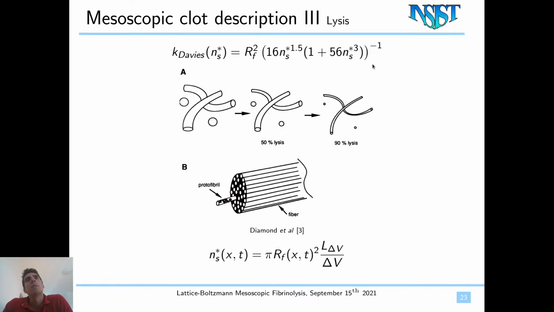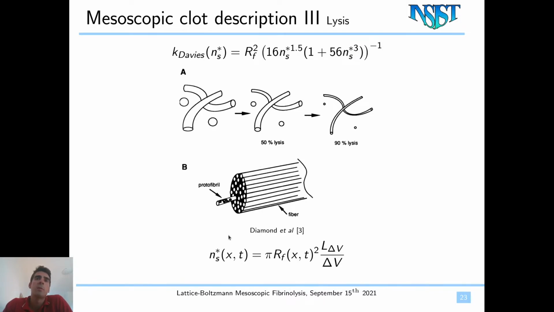So this is Davis equation, and from the equation you see that it depends on the radius of the fibers and the solid fraction, of course. But as the lysis occurs, the radius of the fibers will become thinner and thinner, and so the permeability should be adapted with this shrinkage of the radius also.